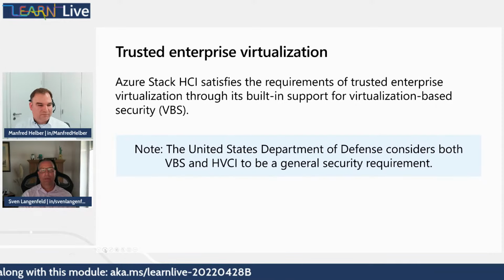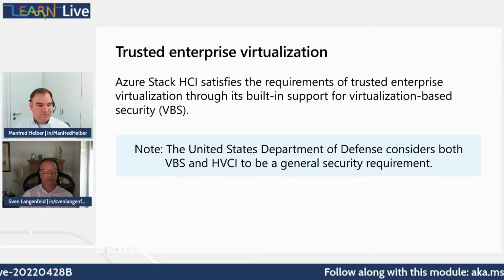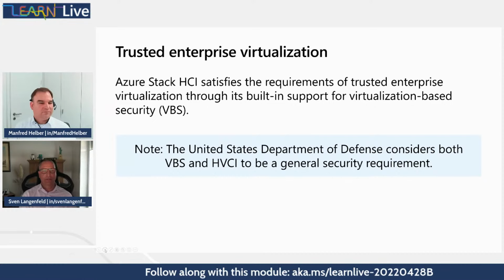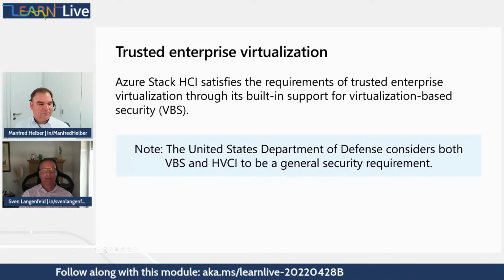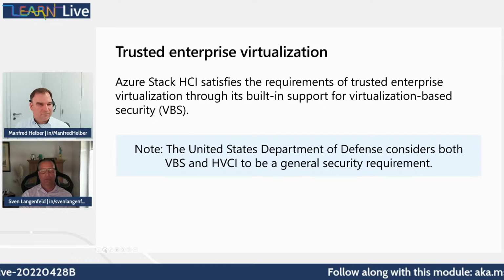And the next topic is about trusted enterprise virtualization. So we see on the screen some things like VBS, so virtualization-based security, or HVCI. So if we look at Hyper-V in Azure Stack HCI or outside of Azure Stack HCI on a classic Windows server, right now we have very similar features.